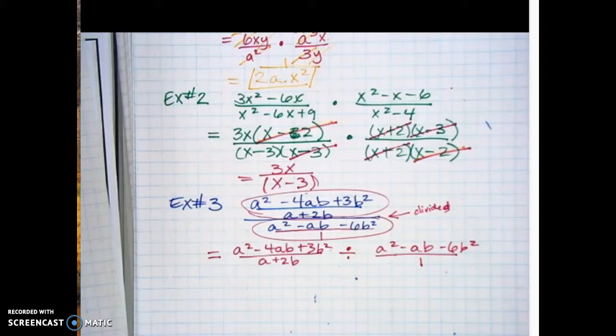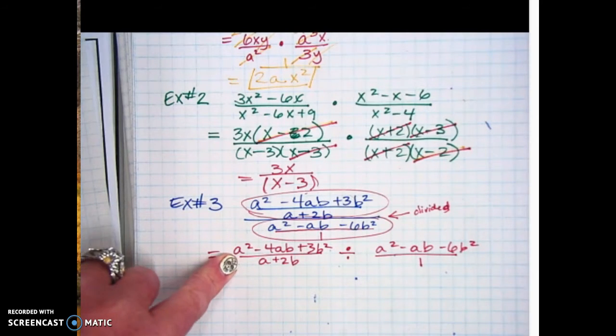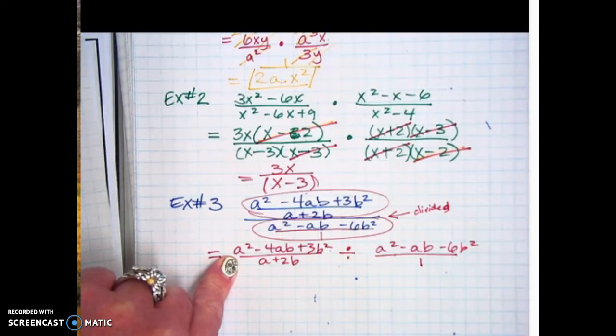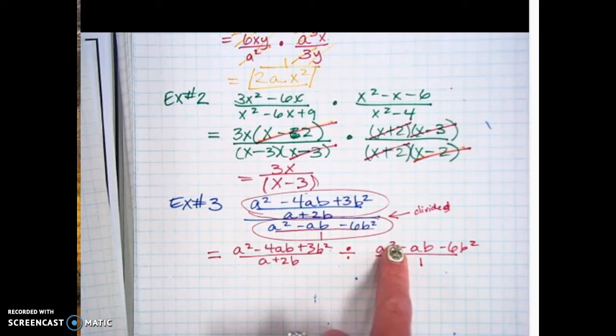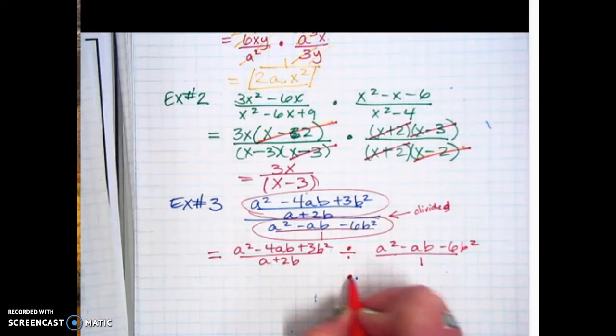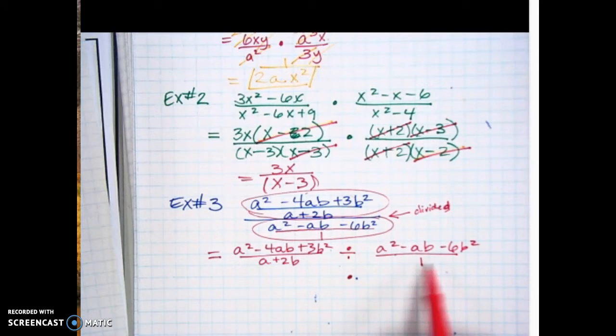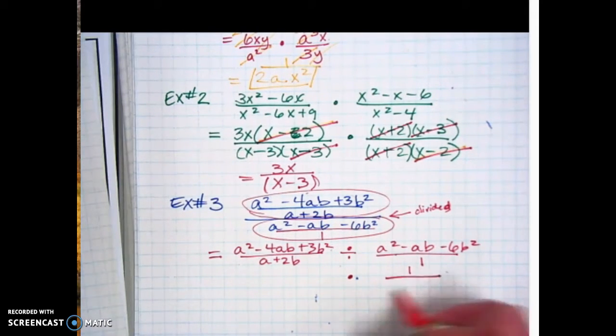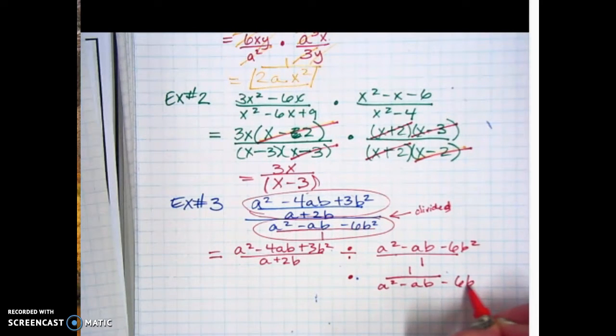Then you have to do the invert and multiply rule on it. Okay. We're showing this step in the notes, but in reality, when you come to doing it on your assignment, you could probably skip this step and go straight to the, okay, I know this one's going to stay, and then I change this to multiply and flip this, right? So it's 1 over a squared minus ab minus 6b squared.